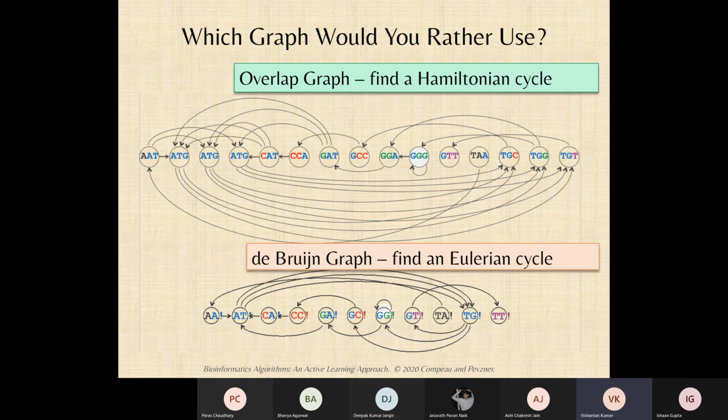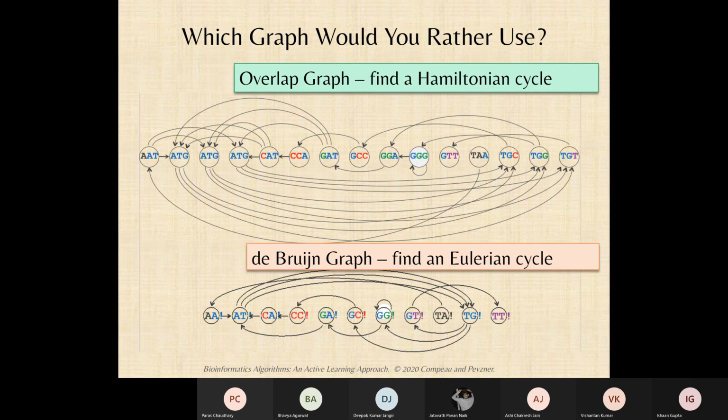Yes, sir, because it's a pair of two instead of a pair of three. Basically, it's the number of repeats. There are many repeats in the sequence.